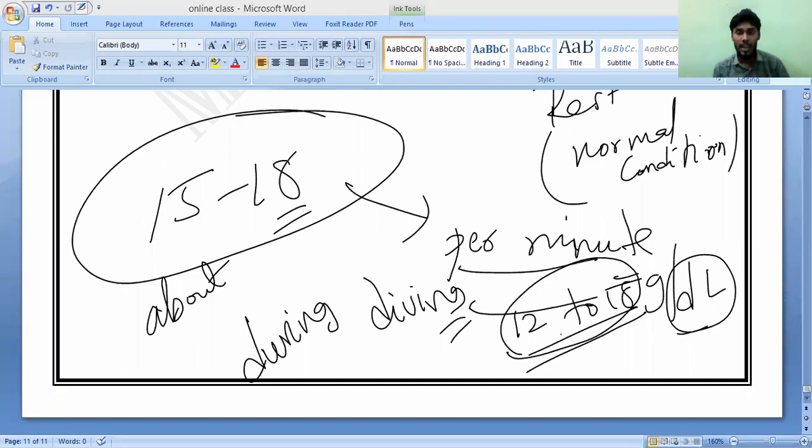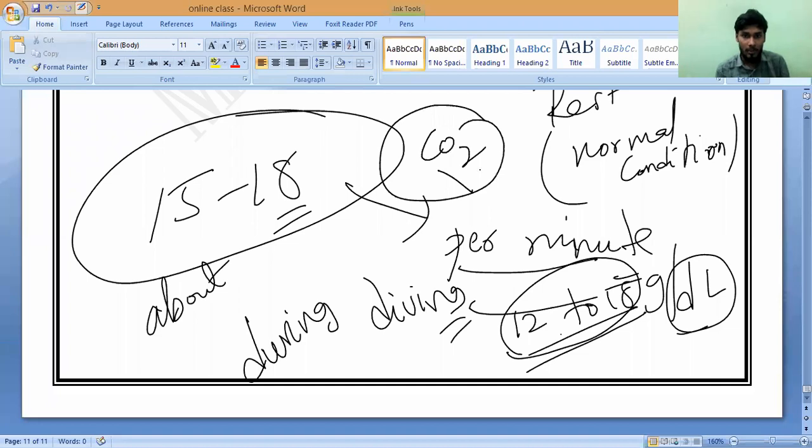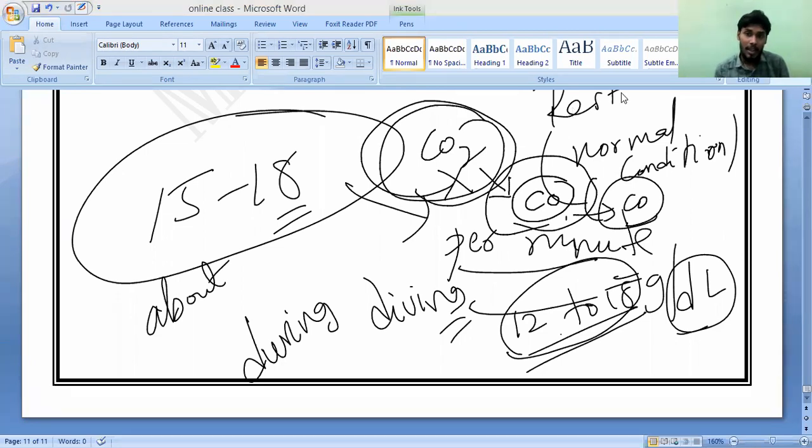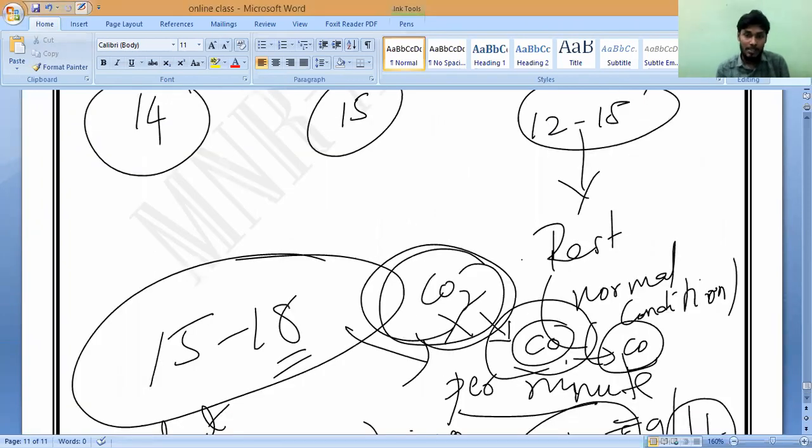You may know this from the chemistry I have taught you. If there is enough oxygen, carbon dioxide will be released. If there is not enough oxygen, instead of carbon dioxide, what will be released? Carbon monoxide will be released. Remember: complete combustion releases carbon dioxide, incomplete combustion releases carbon monoxide.